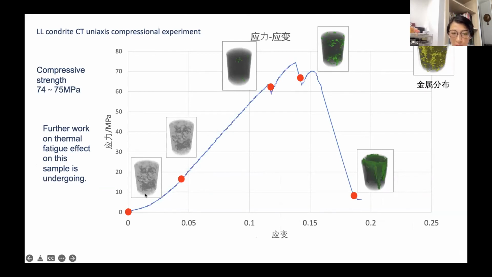We can also see how the fractures grow under the force. Further work on the thermal fatigue effect on this sample is ongoing. We are applying thermal cycling to this sample for several hundred cycles to see how the strength will change.